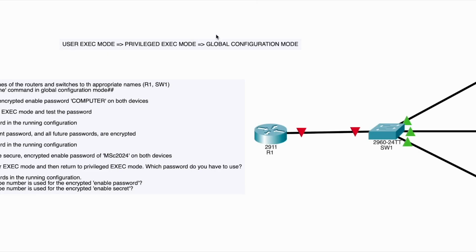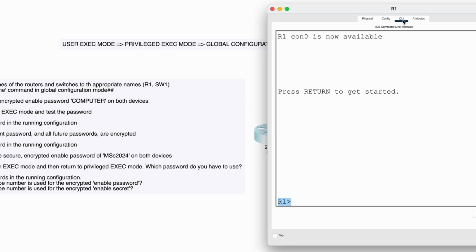These are the three basic modes that we are going to be working with in this lab 2, so pay attention. The first mode we find ourselves in at the very initial stage, when we click on the CLI, is called user exec mode. Now to move from user exec mode to privilege mode, we use a command called enable. So enable moves us from user exec mode to privilege exec mode. Is that understood?